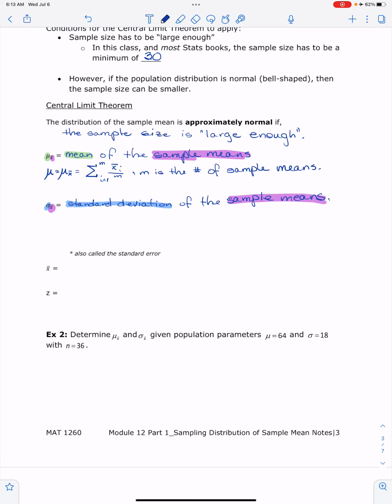So to find the standard deviation of our sample means, we are going to take our population standard deviation and divide it by the square root of the sample size. So sigma is the population standard deviation.